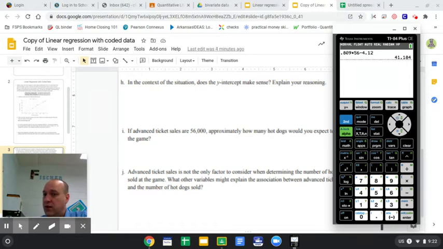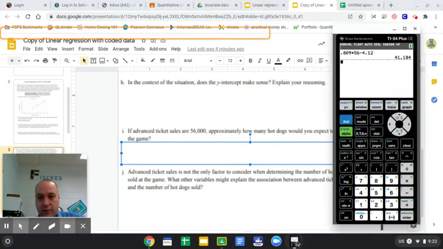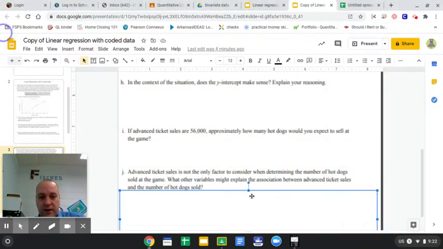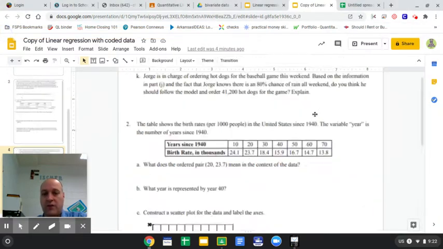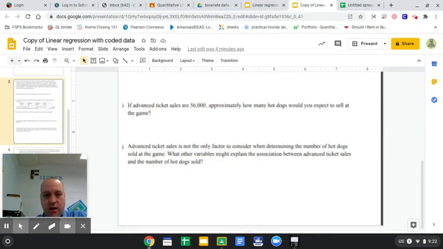So really, he needs to buy 41,184 hot dogs. So how many hot dogs should he expect to sell in the game? 41,184. Advanced ticket sales is not the only factor when determining the number of hot dogs sold at a game.